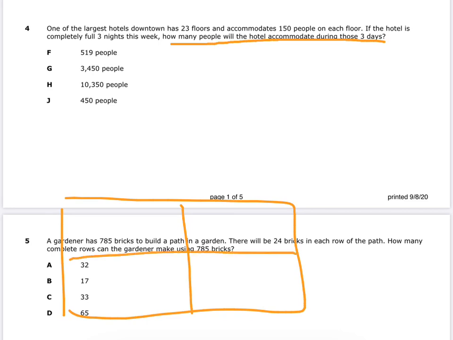So we're going to do our little UPS thing on this one. We'll put how many, that's what they want to know, right? So I know there's 23 floors, 150 on each, okay?